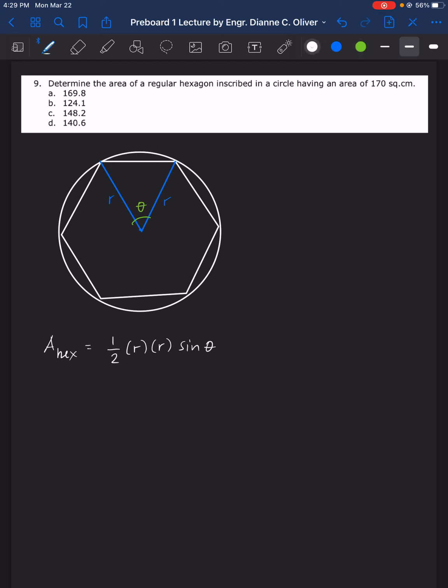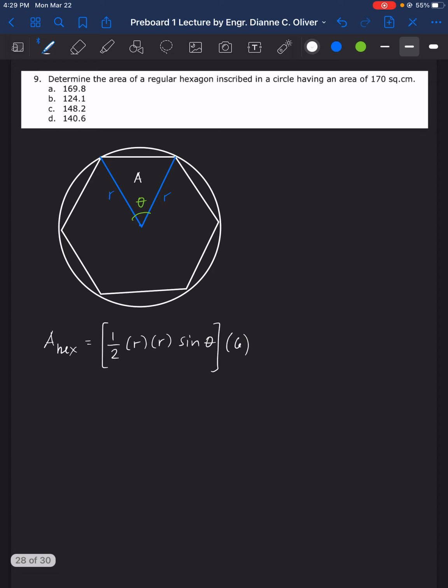Since it is a hexagon, whatever area we compute here will be multiplied by 6. Then what's given here is the area of the circle. So what we need to find out is the R and the theta.